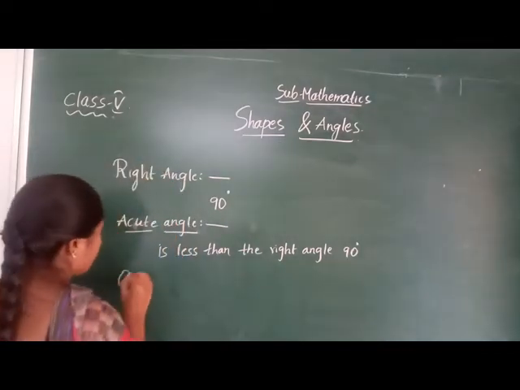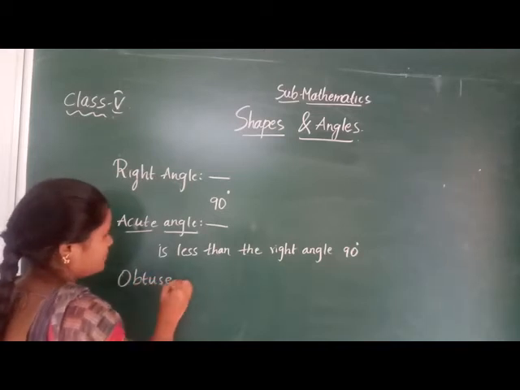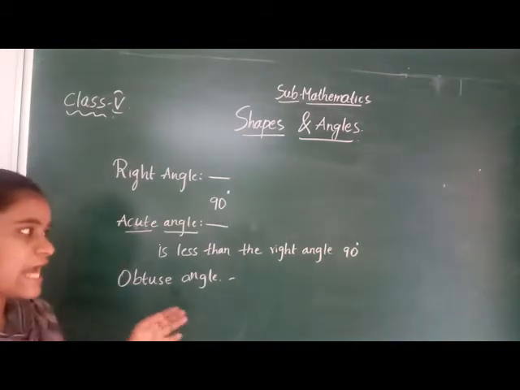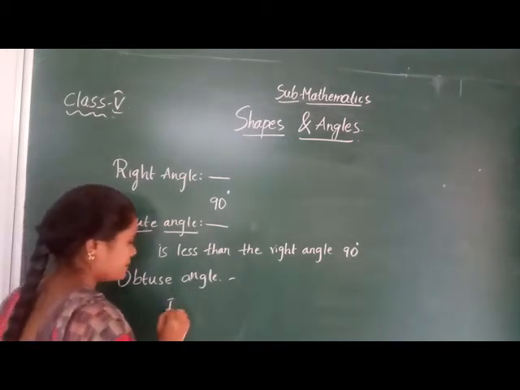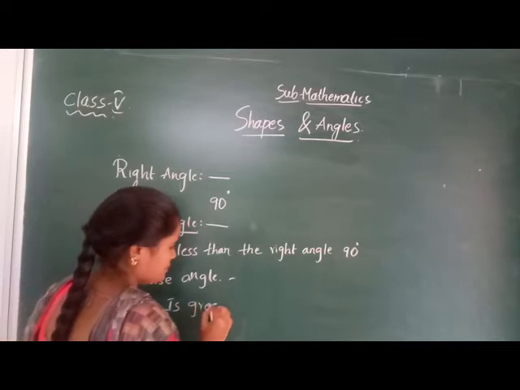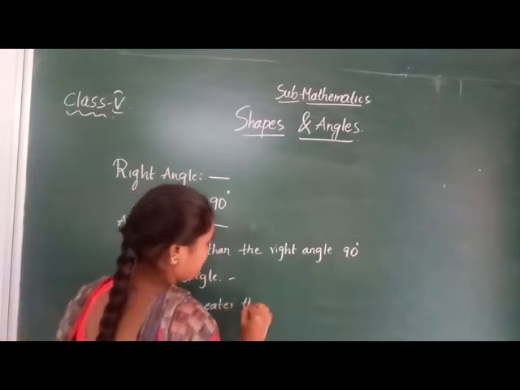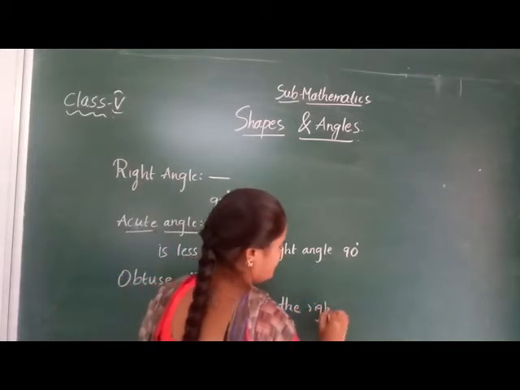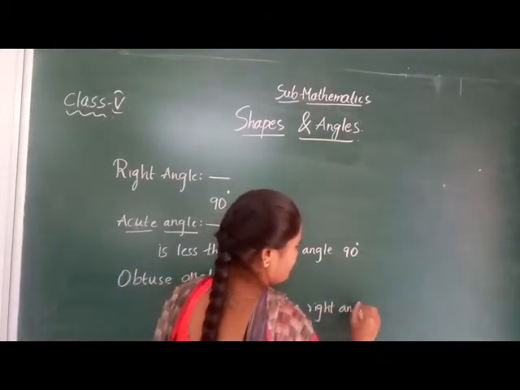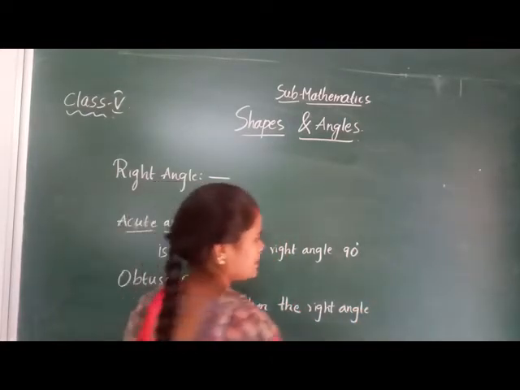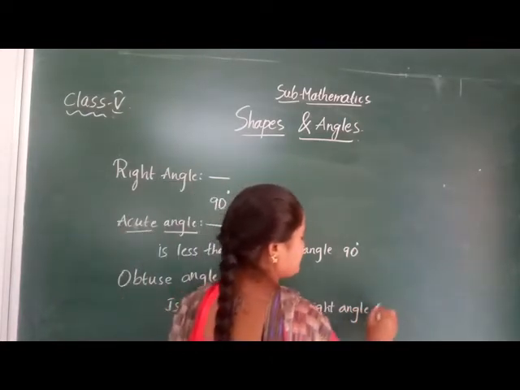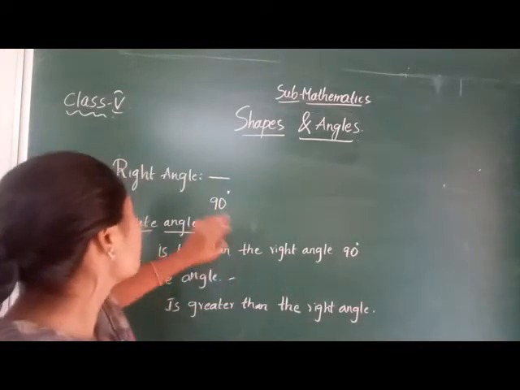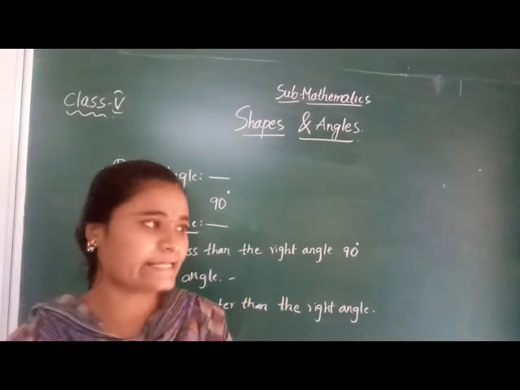Next, obtuse angle. Obtuse angle means greater than the right angle. Right angle means exactly 90 degrees.